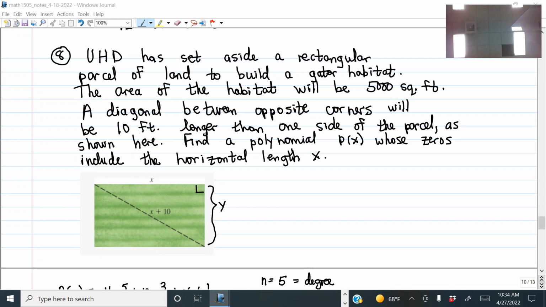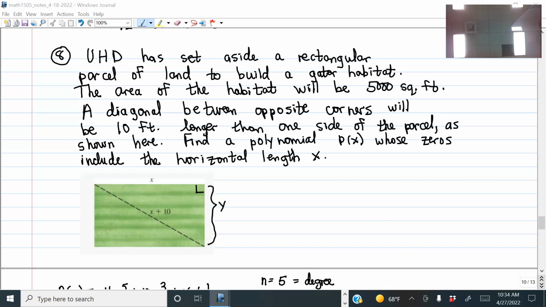So basically, I think they're asking us to write down an equation that has x as its unknown, because hopefully from that equation we'll be able to derive a polynomial. So let's see if we can get some sort of an equation involving x out of this picture.